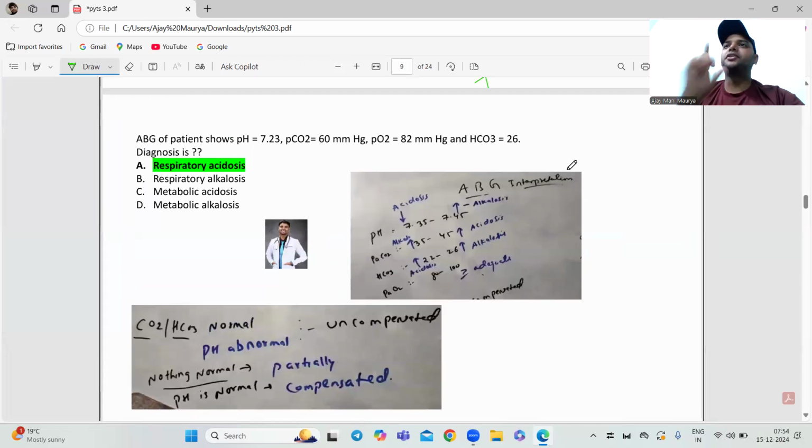From the ABG, we'll get one question to do the interpretation, guys. Okay, now this is going to be very easy, guys. You just try to take a picture from Google, like ABG interpretation. There are many reports. Just try to interpret the ABG from Google.